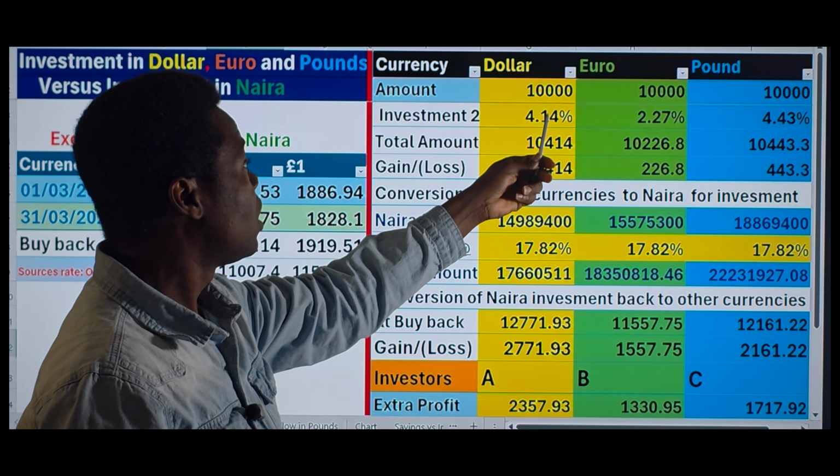2,357.93 dollar. Now let's look at investor B, who is living in Italy and he has 10,000 euro.